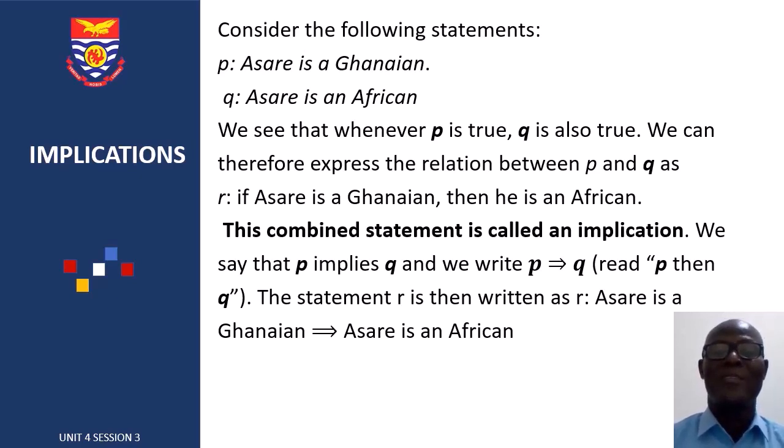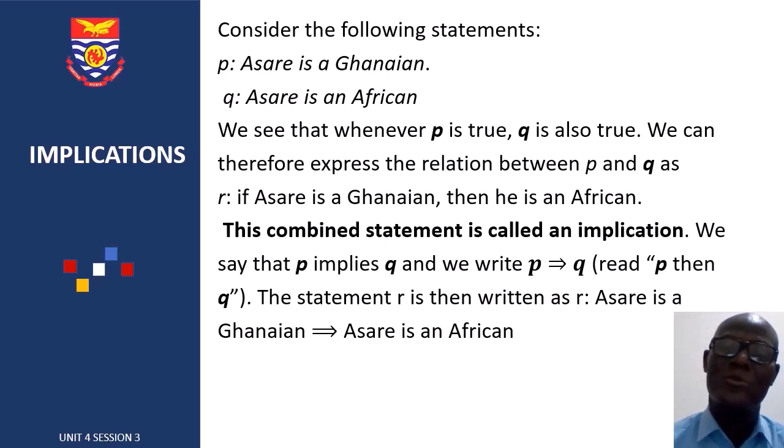Now the statement R then is, Asari is a Ghanaian implies Asari is an African. Also, let's say statement P, Abena has muscles, and statement Q, Abena is in the hospital.